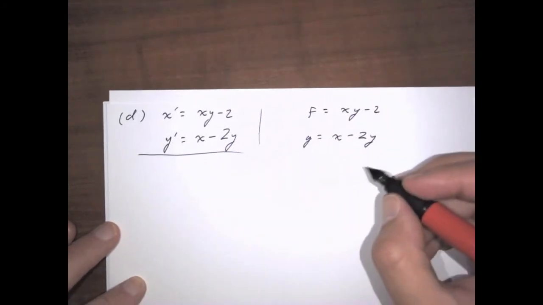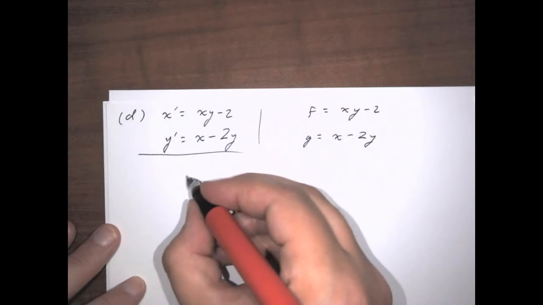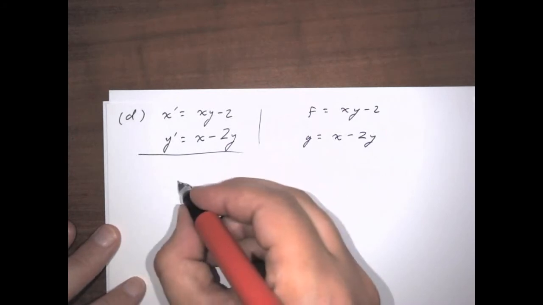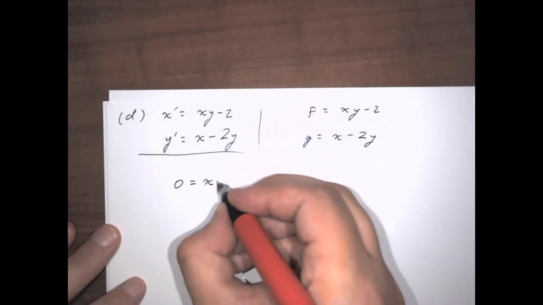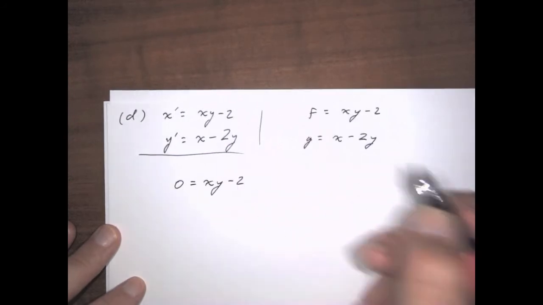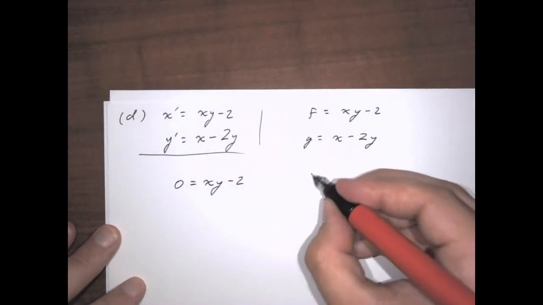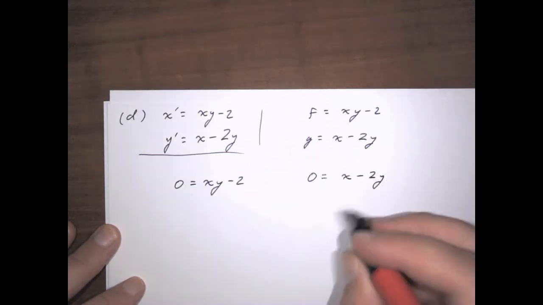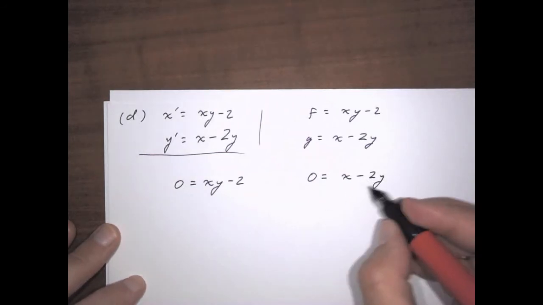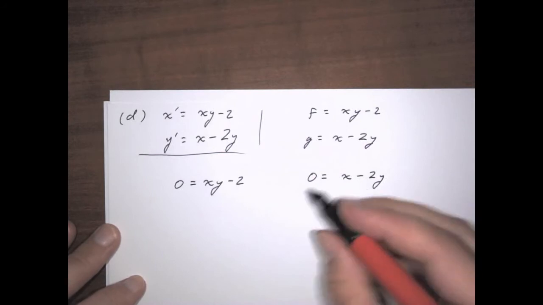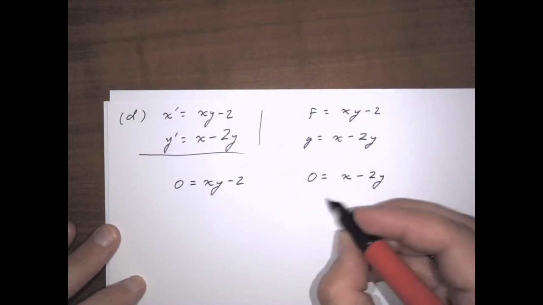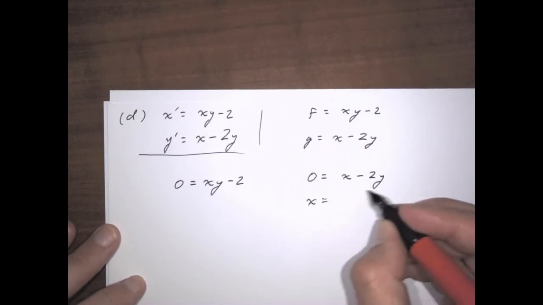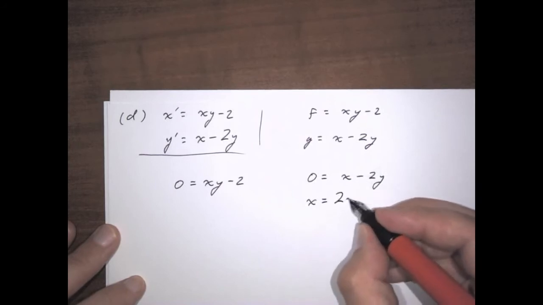That'll come in handy. Now, first to find the critical points, if 0 equals xy minus 2, and 0 equals x minus 2y, we can just basically do whatever appears natural to us here: solve one of the equations for one of the variables, and use that to get information from the second equation.